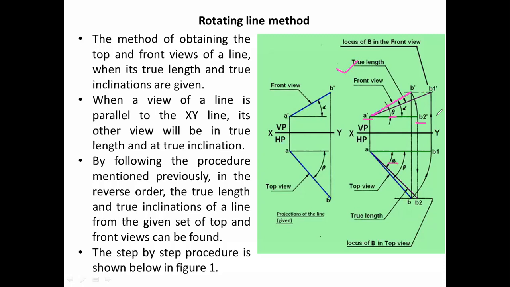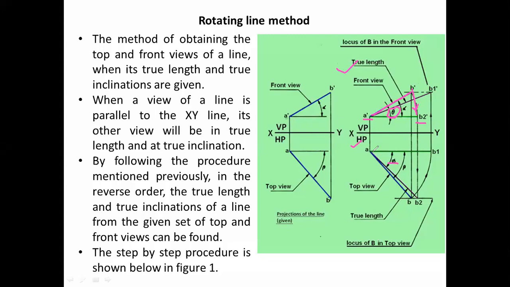Come on, give the answer quickly. Yes, we are eliminating angle theta, which is the inclination with the horizontal plane. So if I eliminate the angle theta by rotating this in this manner, this A dash B2 dash line is parallel to HP because theta is eliminated.